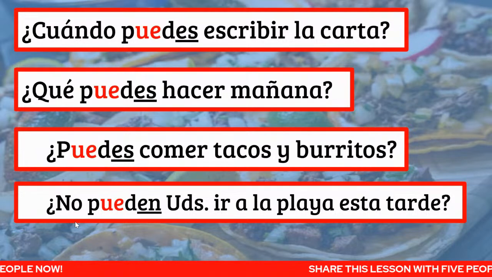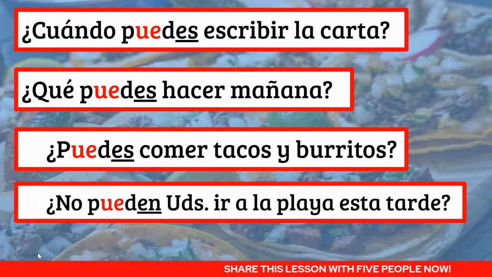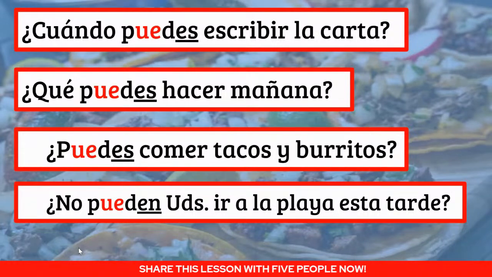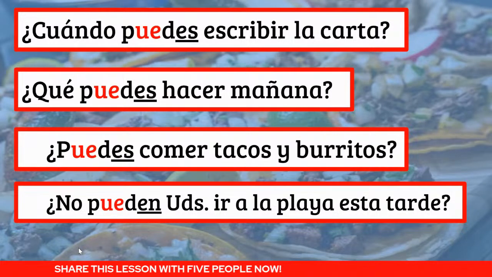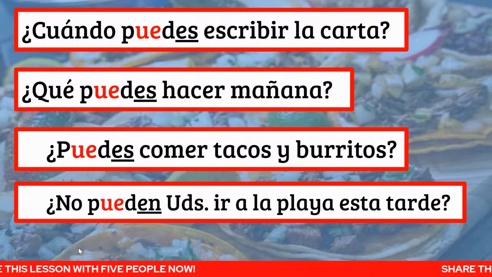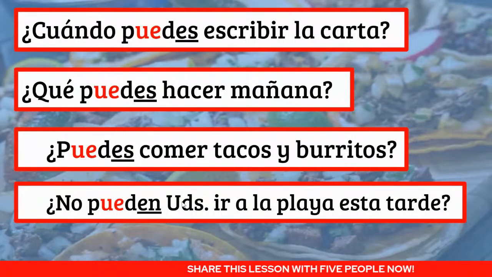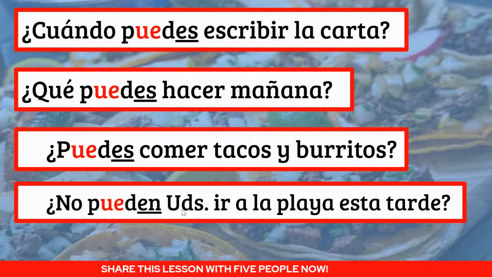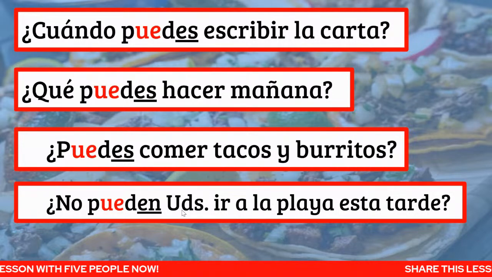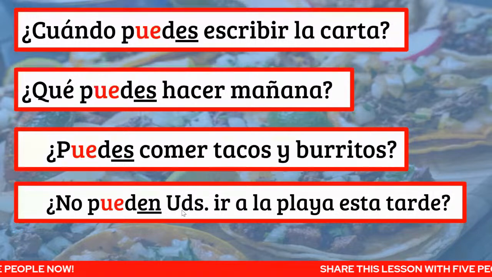I want you to respond to that. Now, think about this. When I ask you all a question, that means your response should be or include a format of we, right? Because I said you all can't go to the beach this afternoon. So make sure you respond in the format of either I can go to the beach this afternoon, but they cannot, or yes, we can go to the beach this afternoon. Okay.